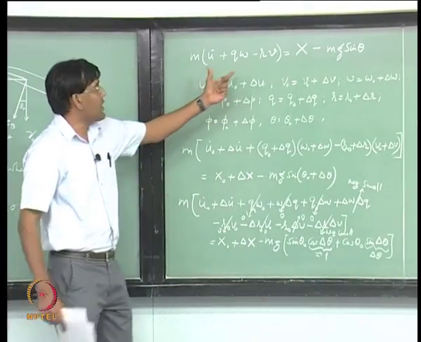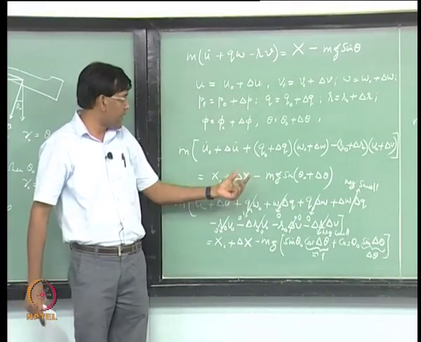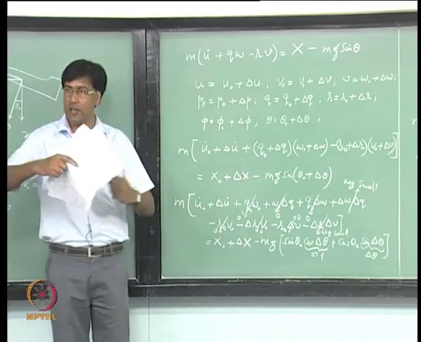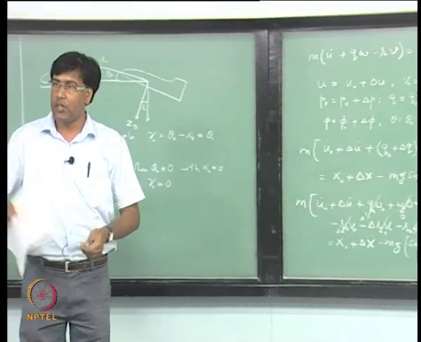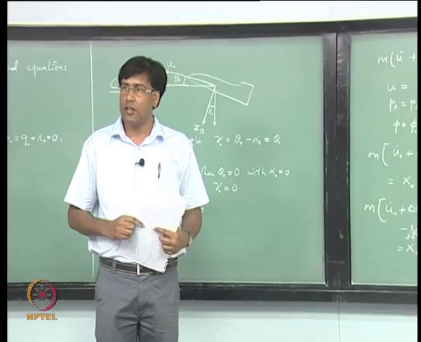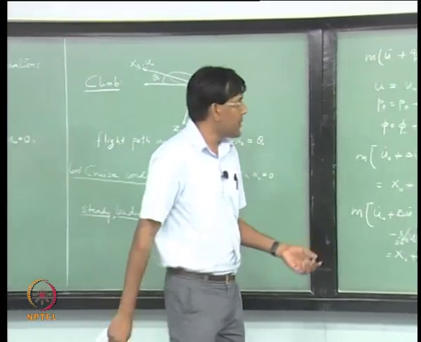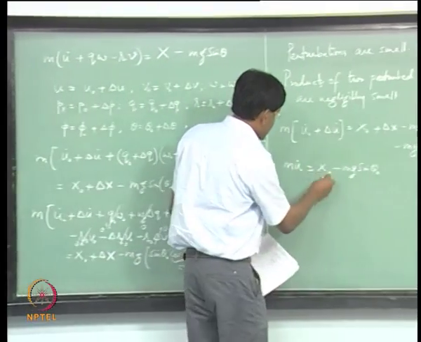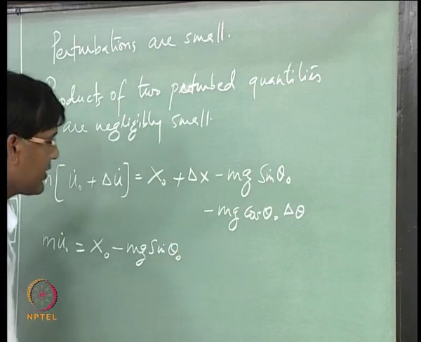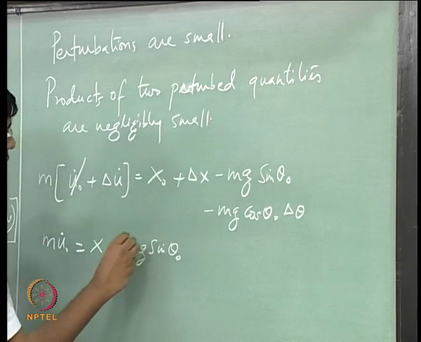Other variables are 0. You could have kept them here and still cancelled them from both the sides, isn't it. So this is also satisfied.